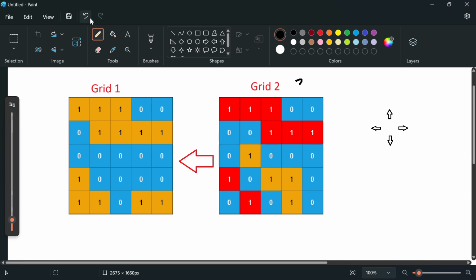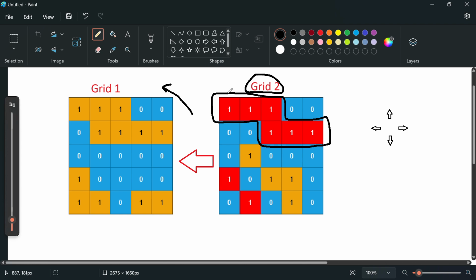Here we have five islands, and in grid 1 we have three islands. So our question is to find the number of islands in grid 2 which are sub-islands of grid 1. This island is common in grid 1 also, so it is a sub-island of grid 1.